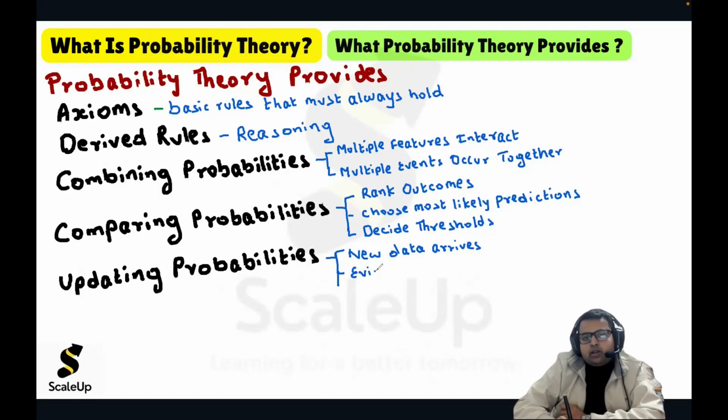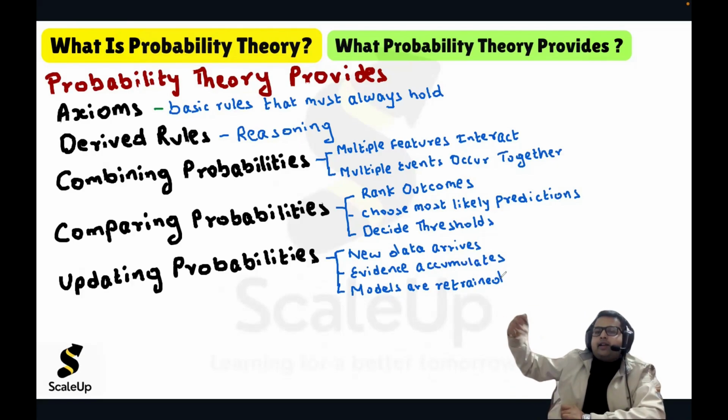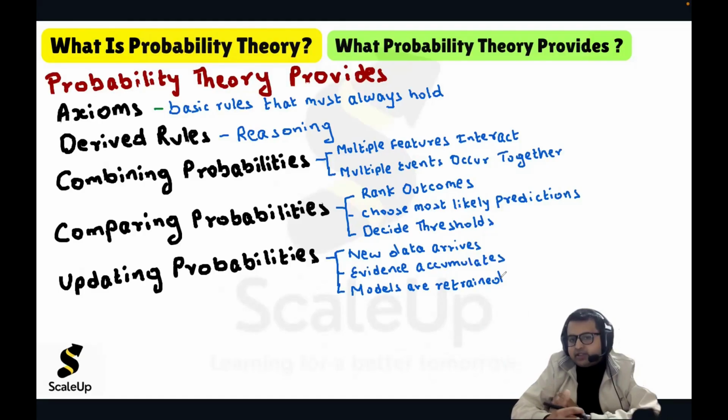When evidence accumulates, there is a need to update probability. When models are retrained, because whenever we train the model we do it in several epochs, iterations to update the weights, there is a need to update the probabilities.